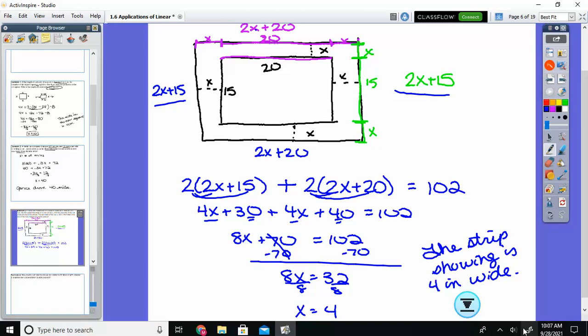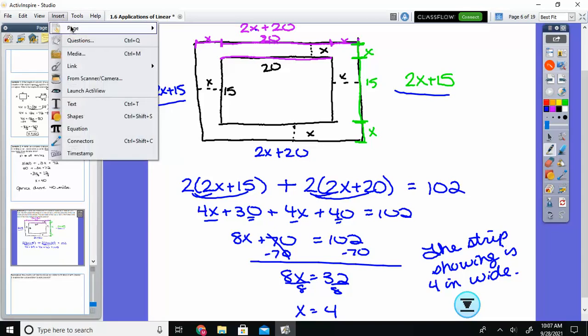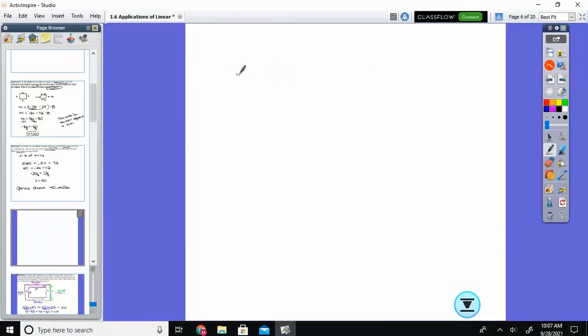This is where I want to stop for today. So, if you look on Classroom, I posted that notes handout. There is also an assignment posted, section 1.6 assignment. You are not doing all of it.